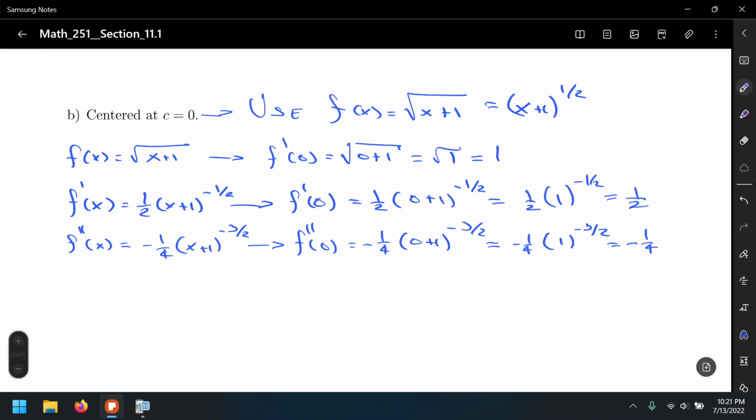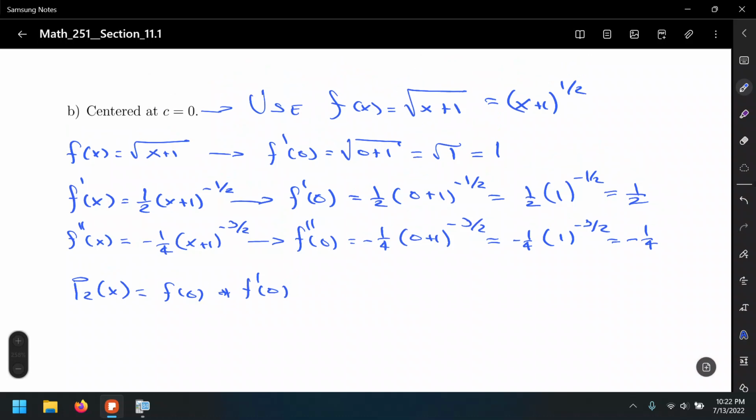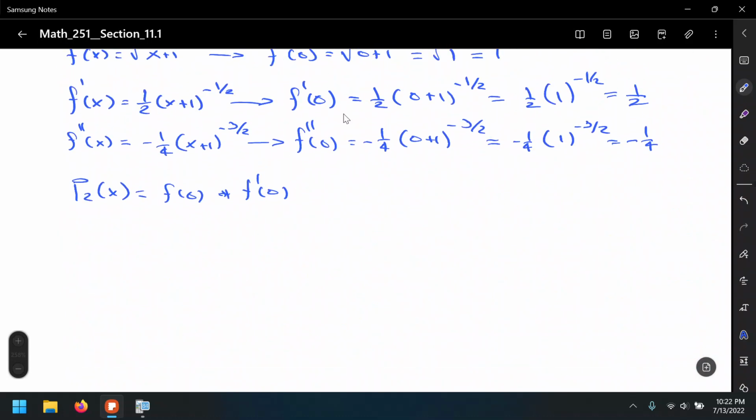Do you see that the values we're getting are pretty much the same? So let's write down p sub 2 using f of 0 plus f prime of 0 times (x minus 0) to the first, plus f double prime of 0 times (x minus 0) squared over 2 factorial.